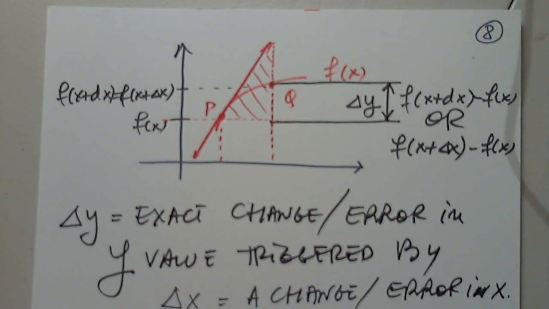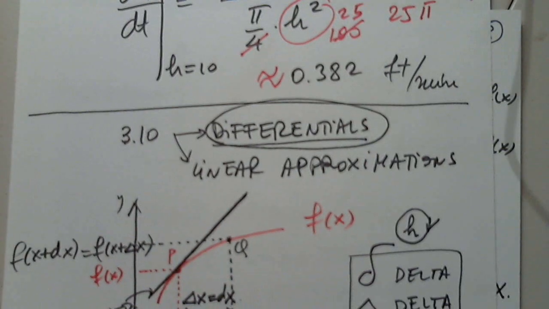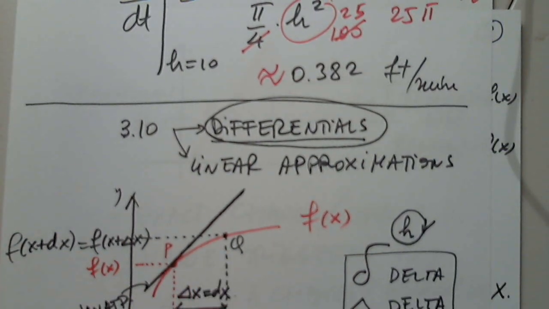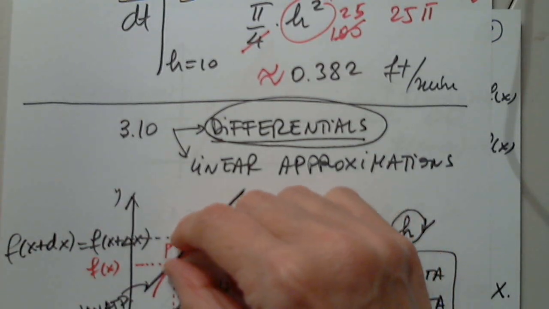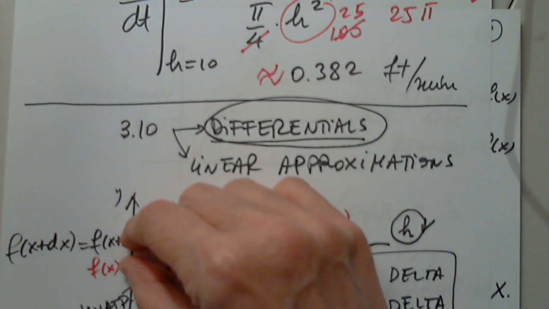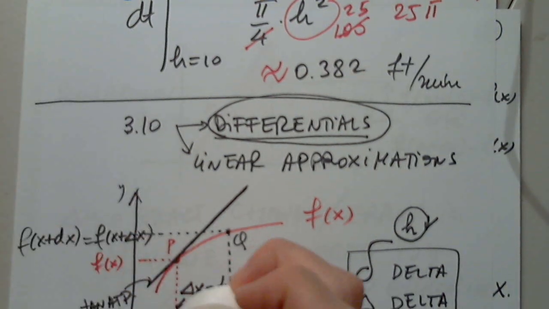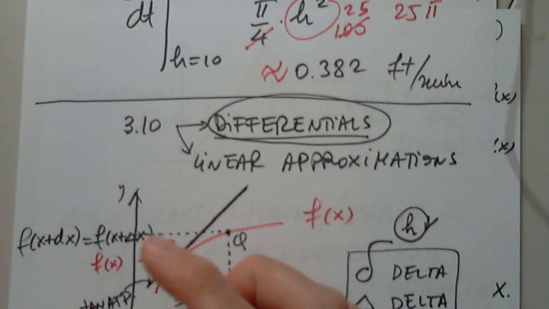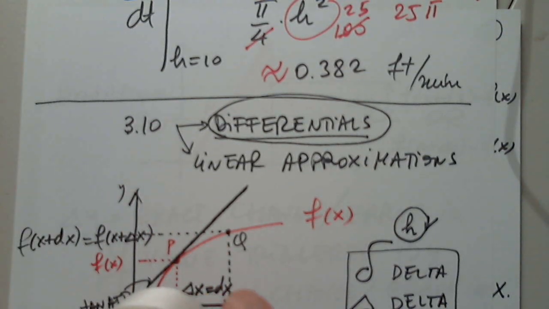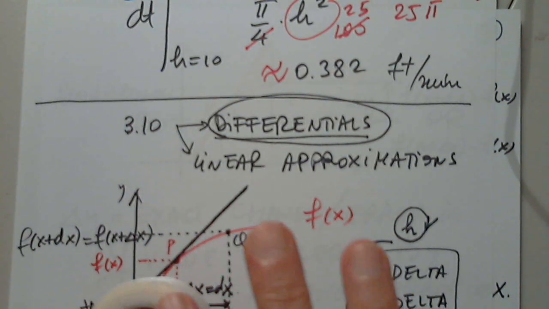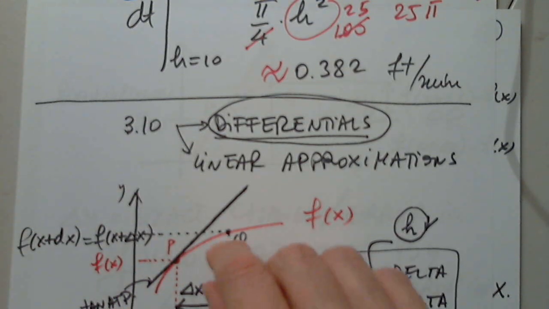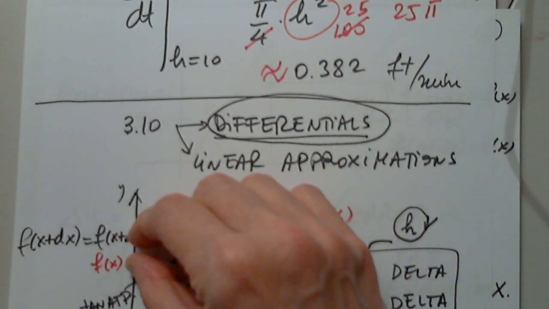So let's stop for a moment. I need to explain this. You understand that if there is an error in the x value, it will trigger an error in the y value. So for example, if I have a disk or a washer, and if the diameter should be 5, instead is 4.9, the area of the washer or the disk will be smaller than it should be.